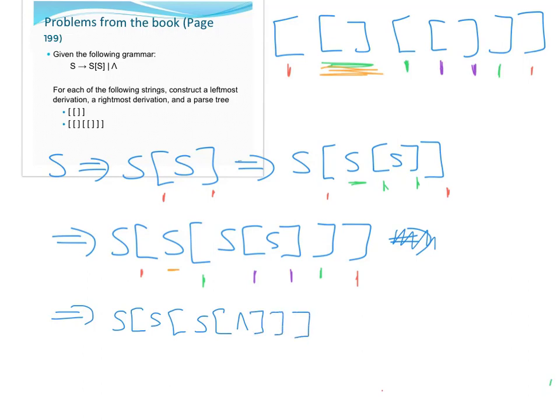Great. And now we need to do rightmost expansion again. This one corresponds to that one, which is just another lambda. So that goes to bracket S bracket lambda, 1, 2, 3.